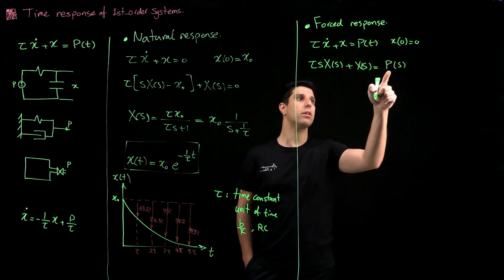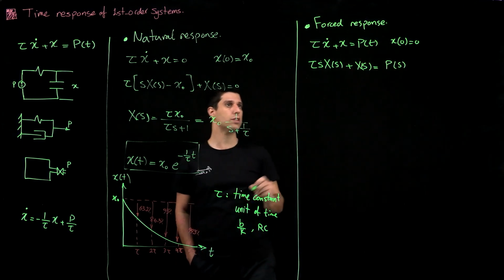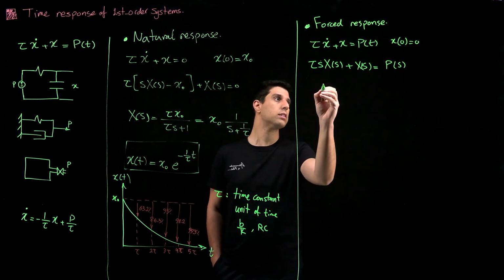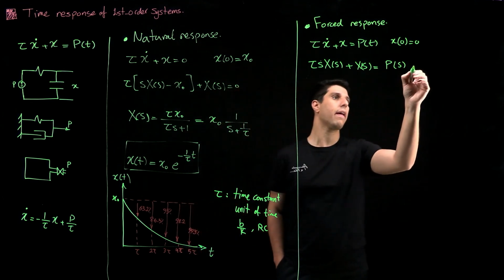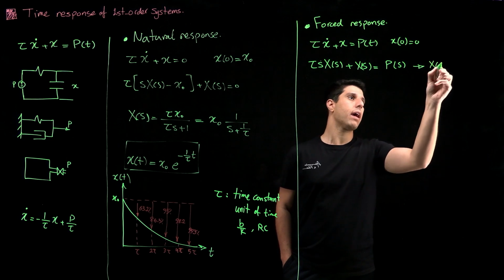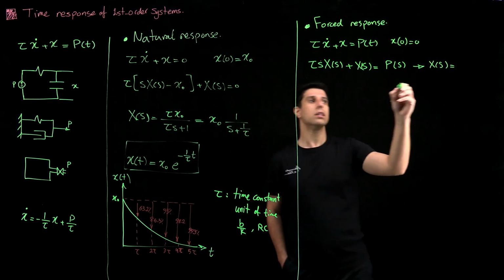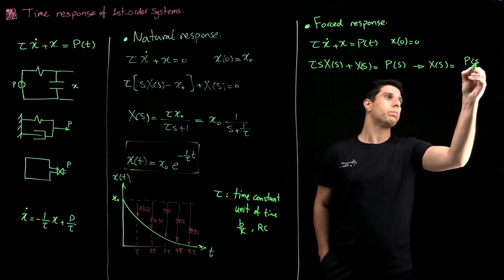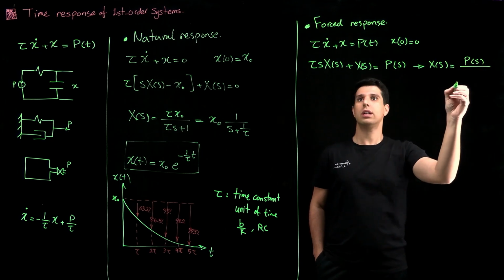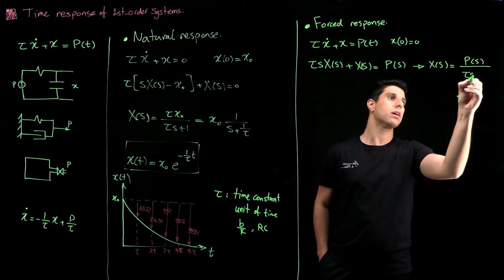Both of them are capital, but I have taken the Laplace transform. And from here, x of s is p of s over tau s plus 1.